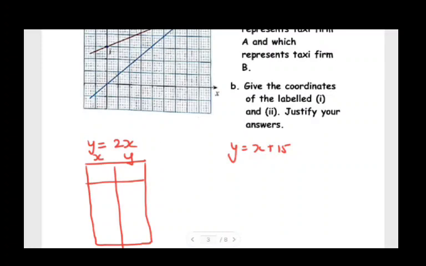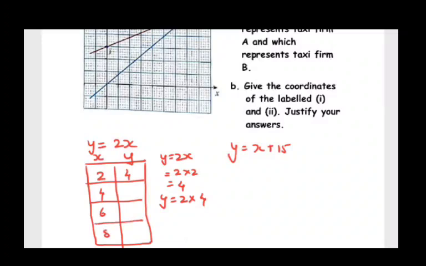So if I take 2 in my x, so y is equal to 2x, which is equal to 2 into 2 gives me 4. Y is equal to 2 into 4, 4, 6, 8. Okay, so y gives me 8.